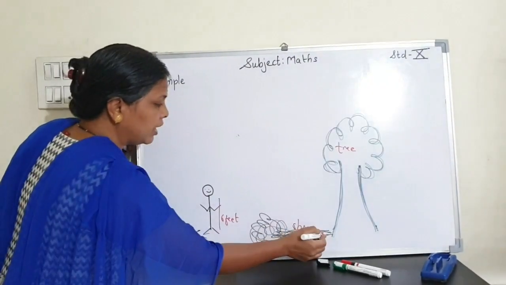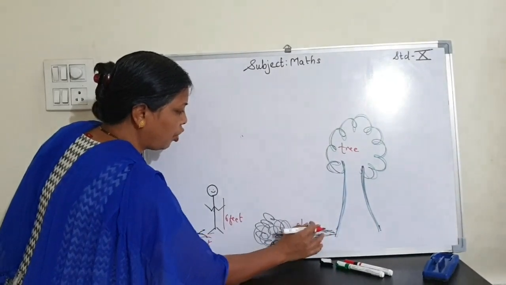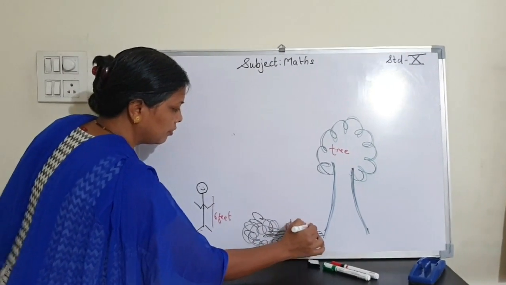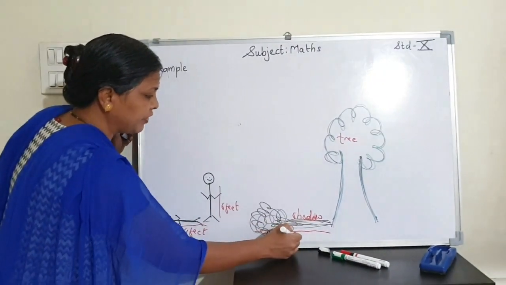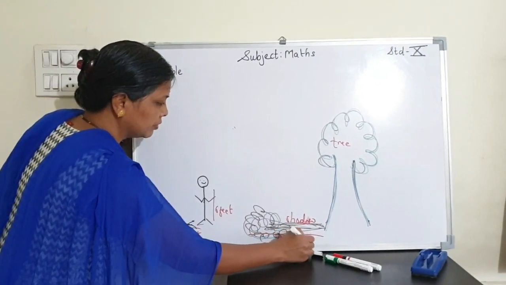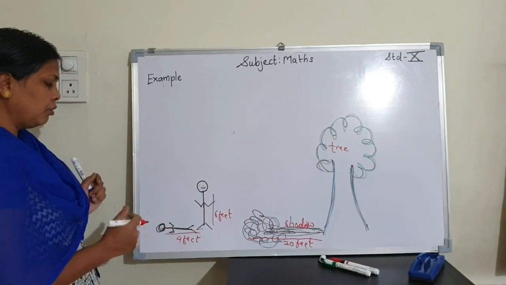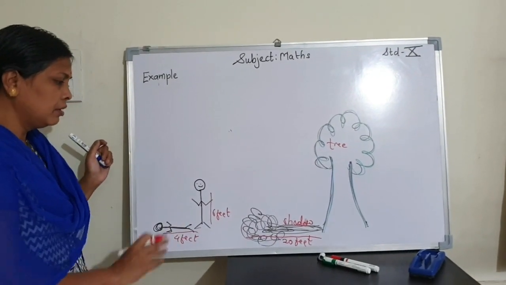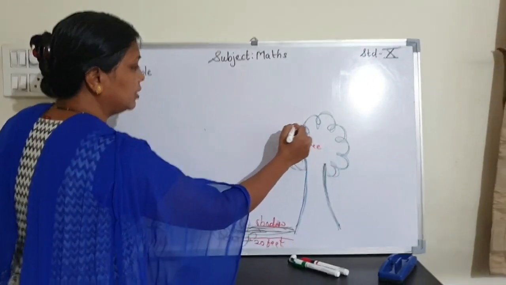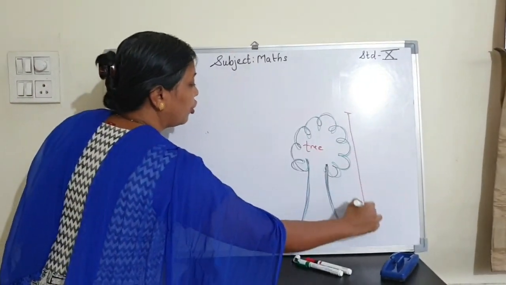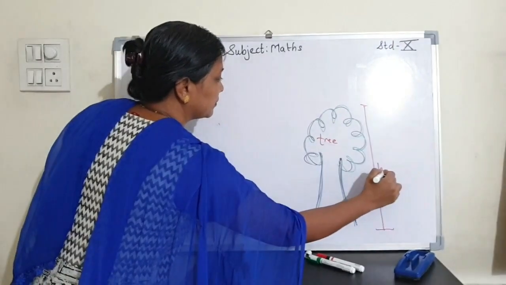Similarly, the shadow of the tree is 20 feet. Now from this example, what do we have to find? We have to find the height of the tree.